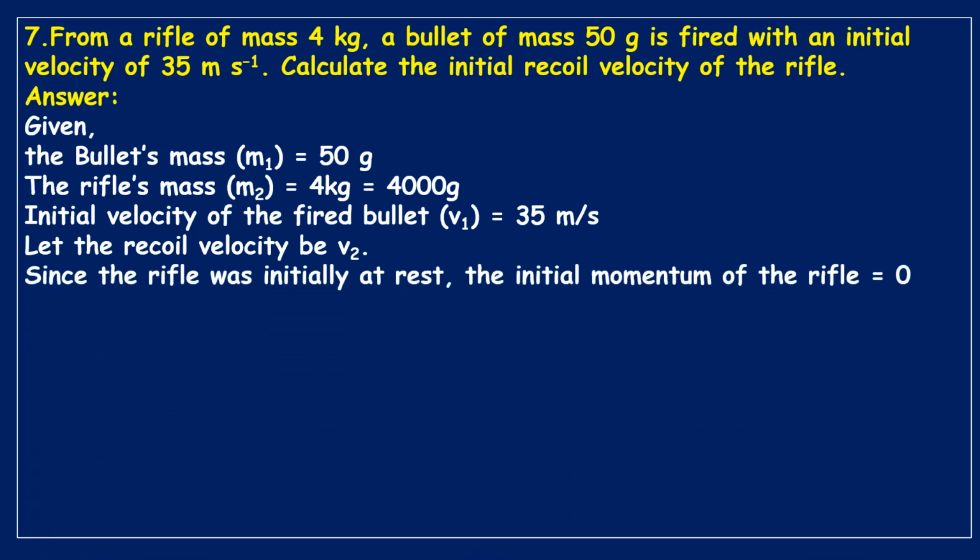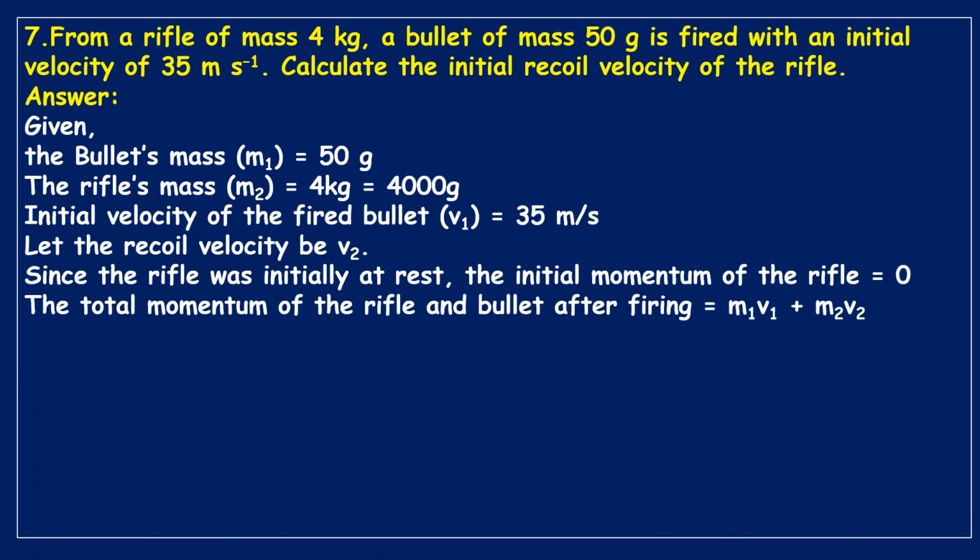Since the rifle was initially at rest, the initial momentum of the rifle is zero. It is at rest. Now the total momentum of the rifle and bullet after firing. The momentum formula, we know, is p equal to the product of mass and velocity, p = mv.